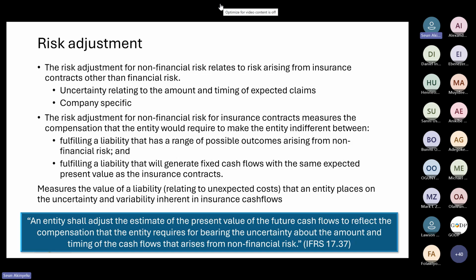But now we need to factor in the non-financial risk arising from the insurance contract, which includes things like the risk that you might not pay premium. Because we have factored in some probabilities in the other place that you will pay premium in month 1, month 2, month 3. How sure are we that you will not pay? You will pay. So risk adjustment is to bring in the non-financial risk and calculate it into the fulfillment cash flow.